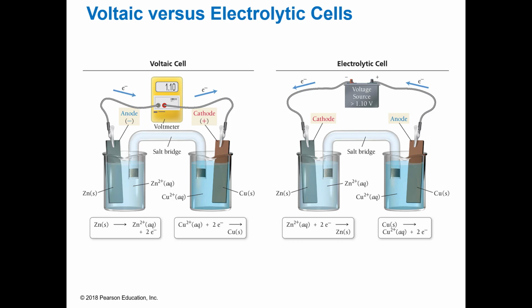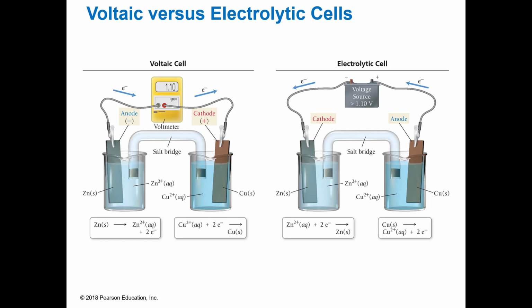The copper has a greater reduction potential than the zinc. The zinc oxidizes, the copper 2 positive ion reduces, and we release electrons, and this generates a voltage of 1.10 volts, positive value. So this is a spontaneous reaction. This is a voltaic cell.